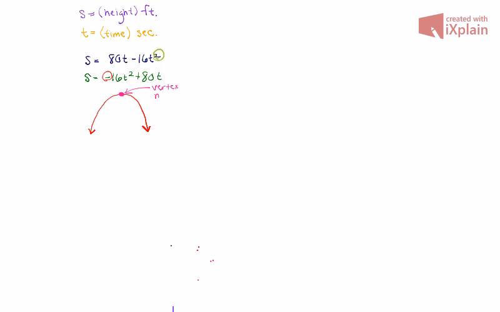And the vertex will also be your maximum point, or in other words, we can describe it as the highest point. Okay. So if we're asked to find out how many seconds the object takes to reach its maximum height, that means that our goal is to find out what t is equal to.